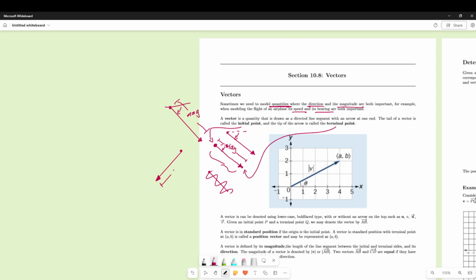Different magnitude at a different direction. Now notice I'm kind of implying that I'm taking this measurement of angle from some horizontal positive axis. You can take your angle measurement from anywhere you want as long as it's consistent through your system of vectors.